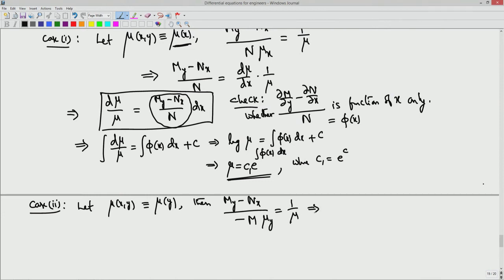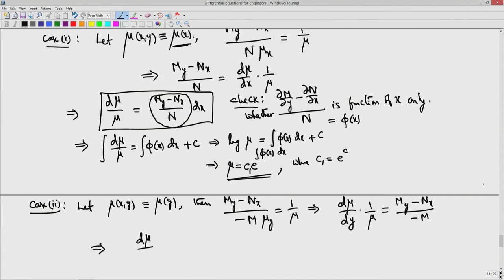So, this implies you get mu is a function of y, mu y is d mu by dy, into 1 by mu equal to dou M by dou y minus dou N by dou x divided by minus M. So, this I can integrate if I write it like this.